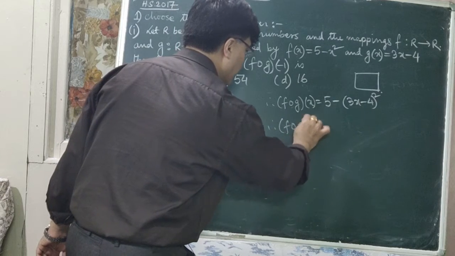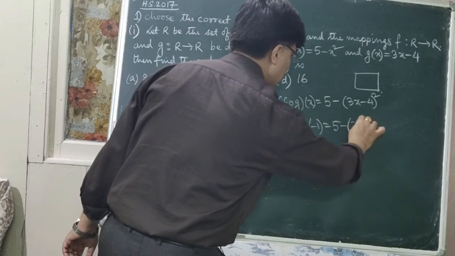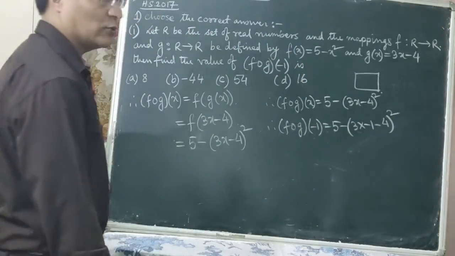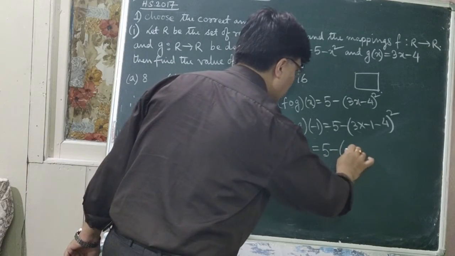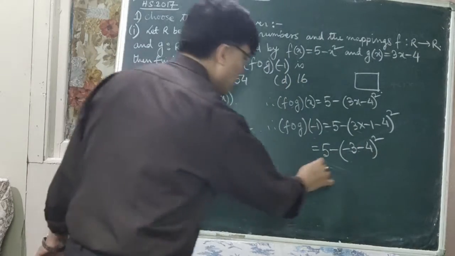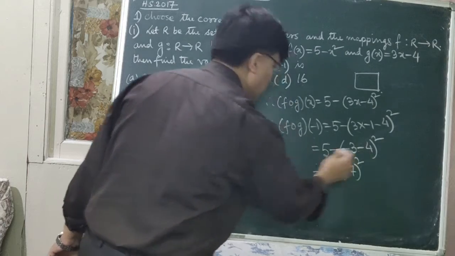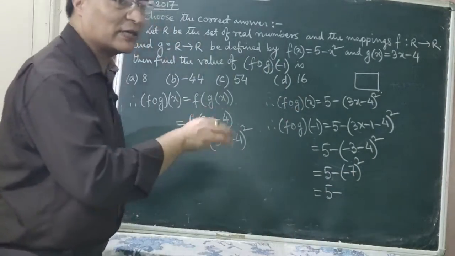Therefore, fog of minus 1 is equal to 5 minus 3 into minus 1 minus 4, this is your whole square. Okay. So which is equal to 5 minus within bracket minus 3 minus 4 whole square, which is equal to 5 minus within bracket minus 7 whole square, which is equal to 5 minus, what is minus 7 whole square?